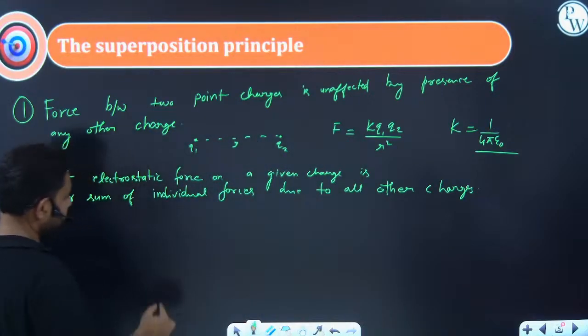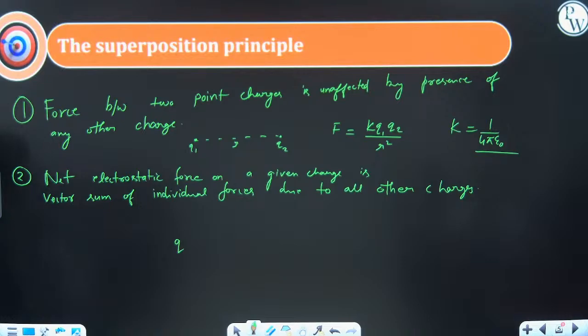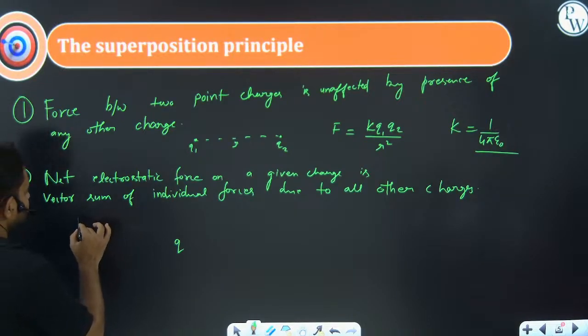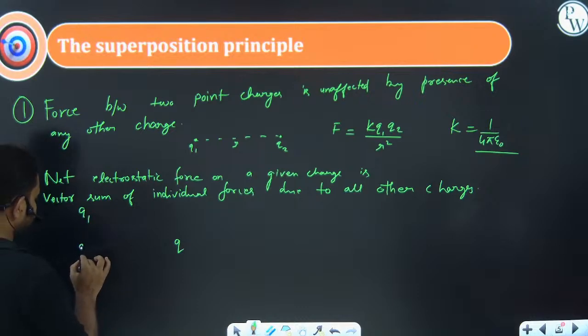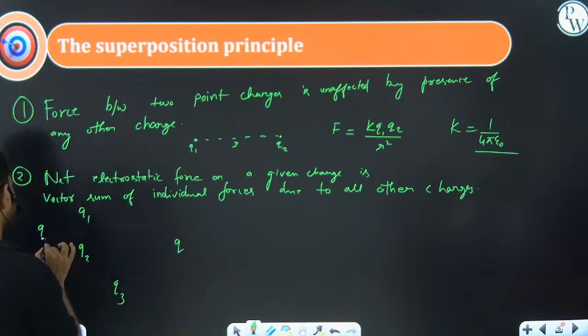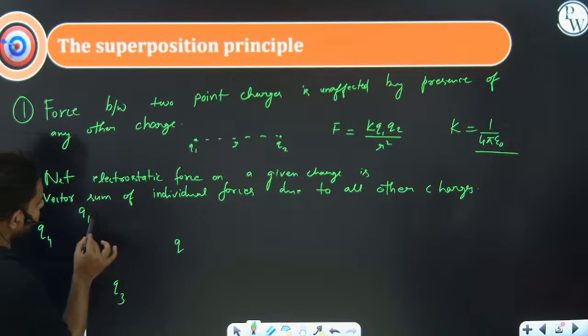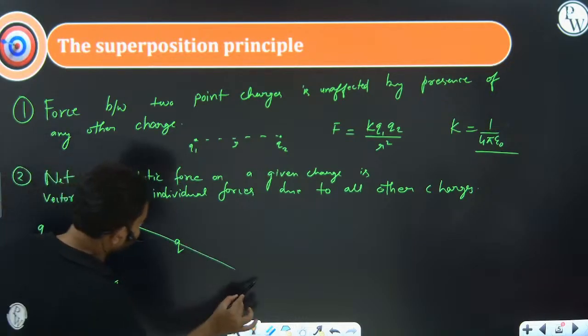Let's say this is a charge q. Many charges are present around it: q1 charge is present, q2 charge is present, q3 charge is present, q4 charge is present. Now all of these charges are exerting their forces individually on q. The force due to q1 will be acting along this line.